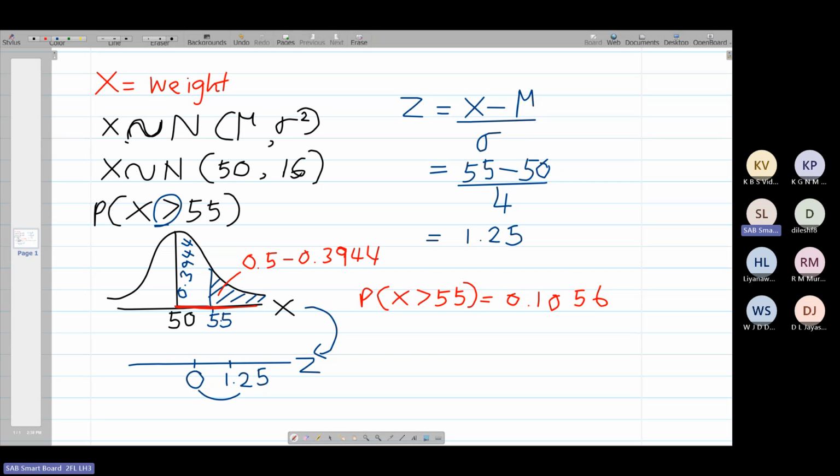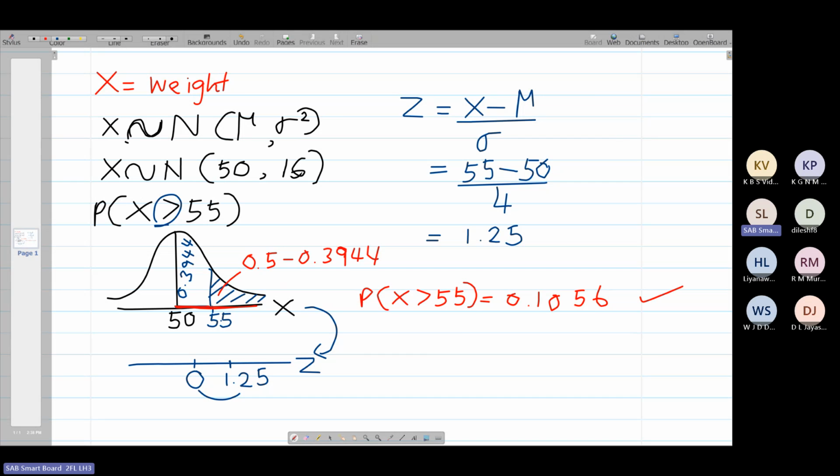Then the question asks, what is the percentage value? How do we convert it? Now we have the probability value. How do we convert it into a percentage? How do we convert to 100%?